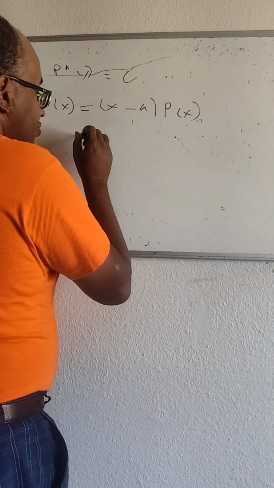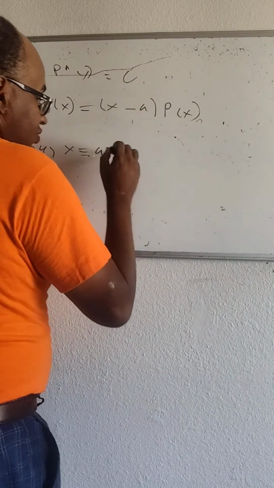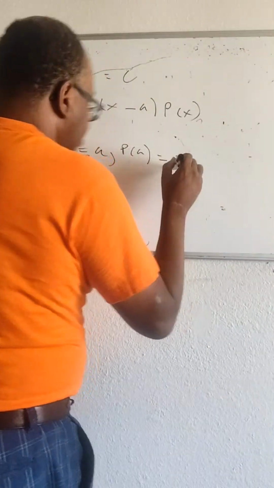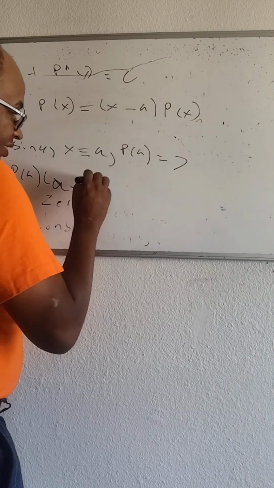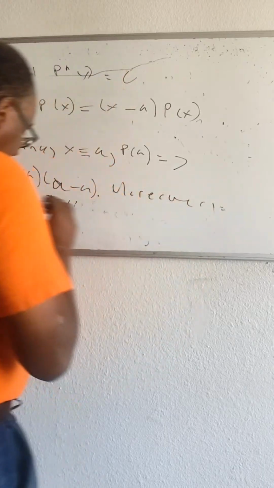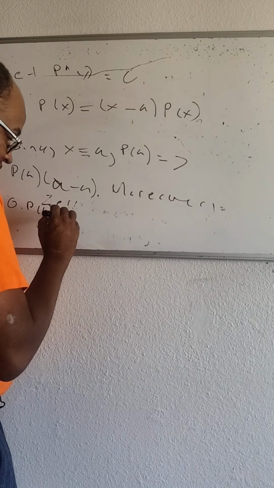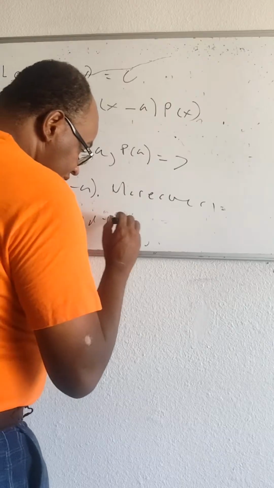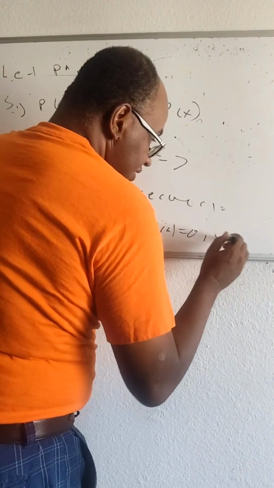So now we will allow, since x equals a, P(a) then becomes (a minus a) times Q(a), moreover 0 times Q(a), and thus P(a) is 0, right? Since x equals a.